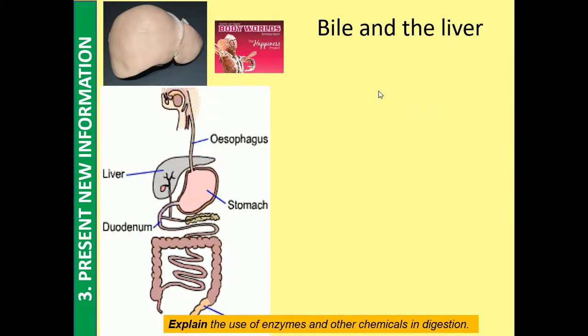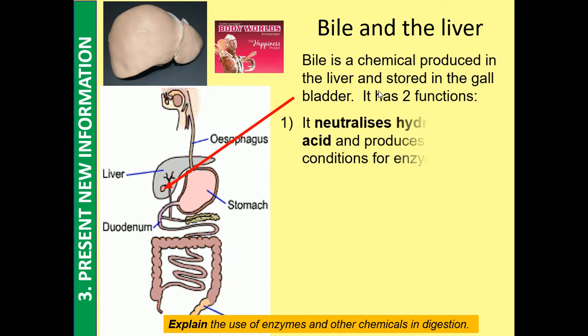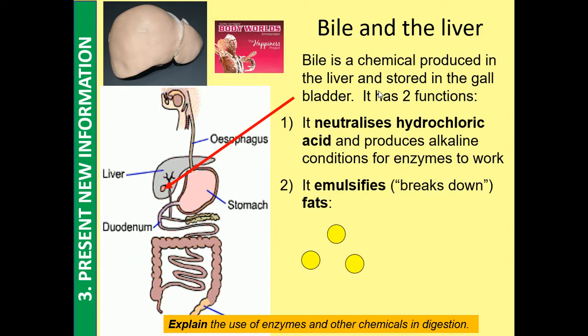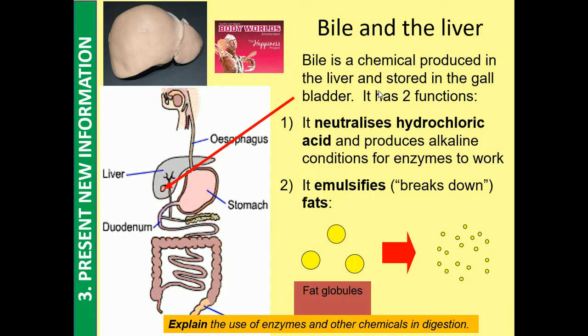Okay, let's talk about bile and the liver just a bit more, just to make sure we understand this process of emulsifying. So here we've got the bile made in the liver. You can see that labelled on the picture. It's stored or concentrated in the gallbladder. It neutralises the hydrochloric acid from the stomach, producing the right conditions for enzymes in the small intestine to work.